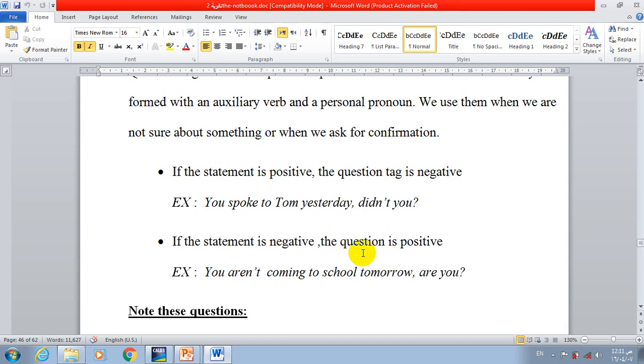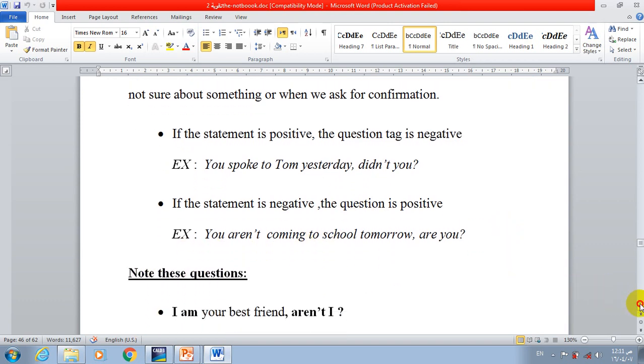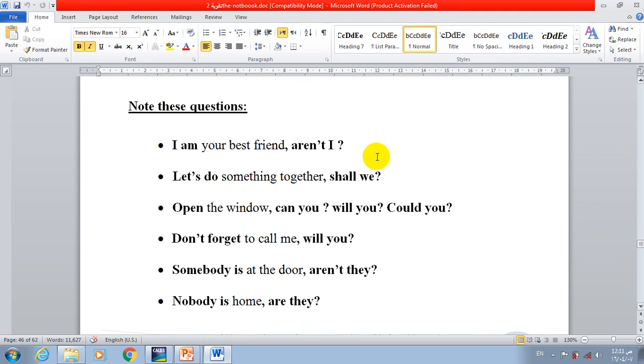Okay, let's go to the other thing in this page. Note these questions. You must pay attention when you read the sentence, when you want to change or use the question tag.